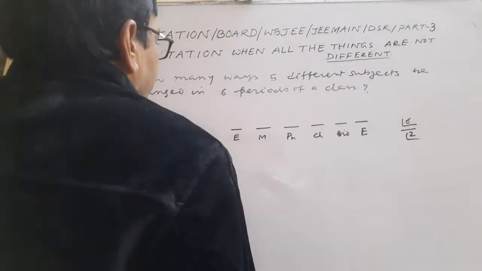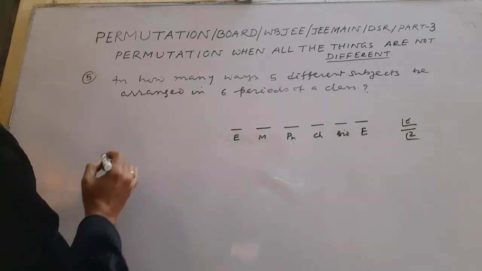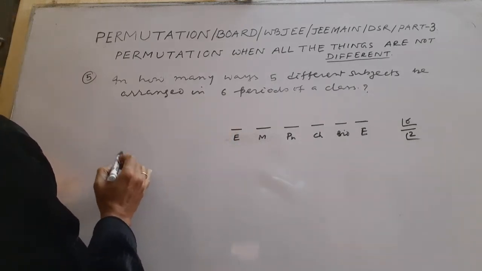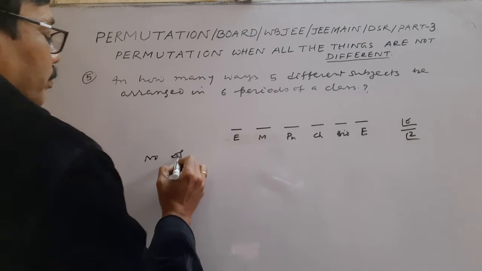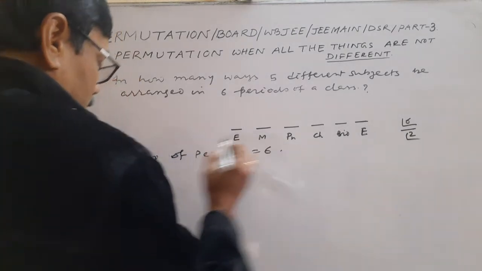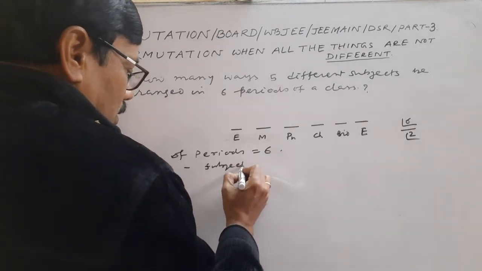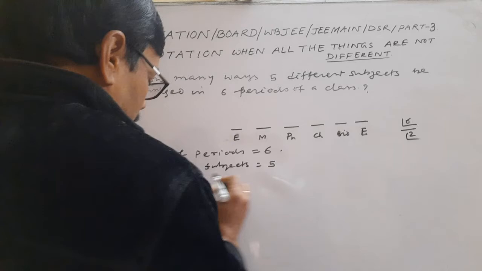So look, number of periods equals 6, number of subjects equals 5.